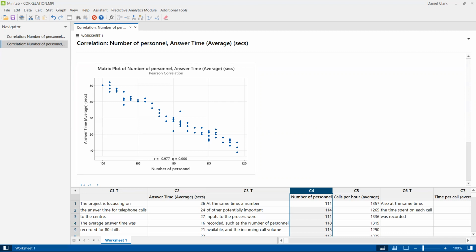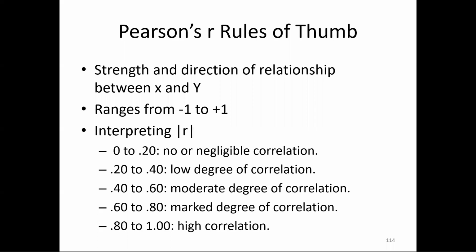So it's important that we understand how R works. I'm showing you here some Pearson's R rules of thumb. Pearson's R tells us about the strength and the direction of the relationship between X and Y. The values for Pearson's R range between -1 and +1.